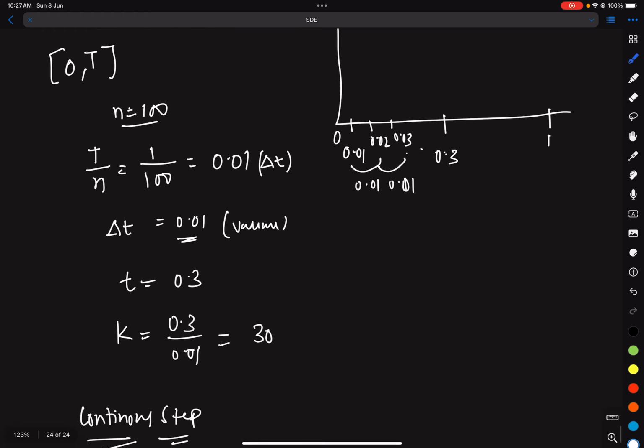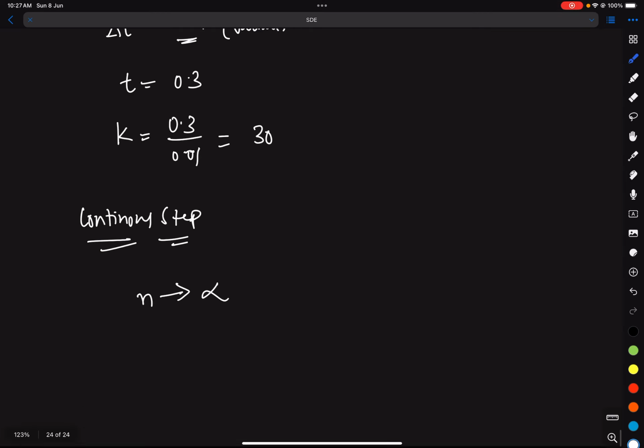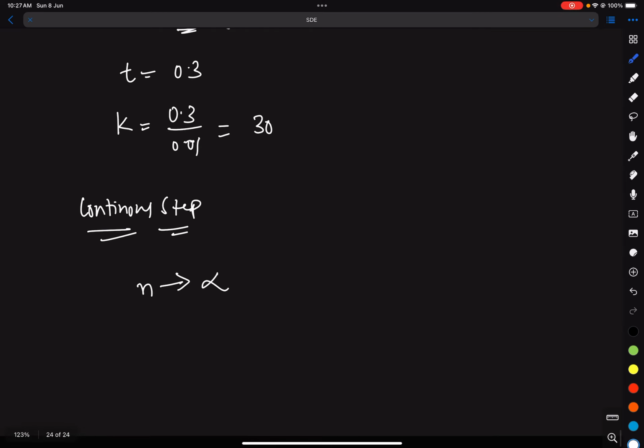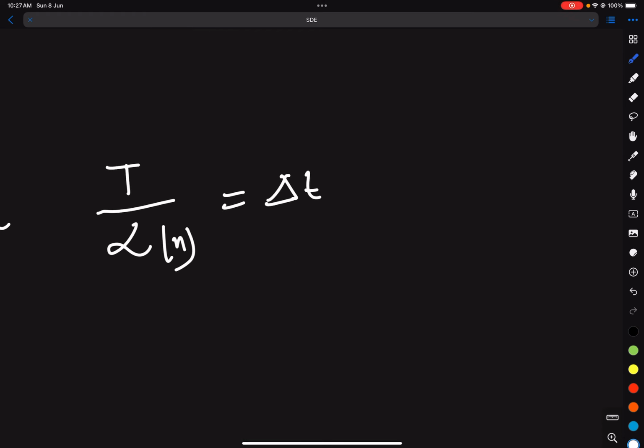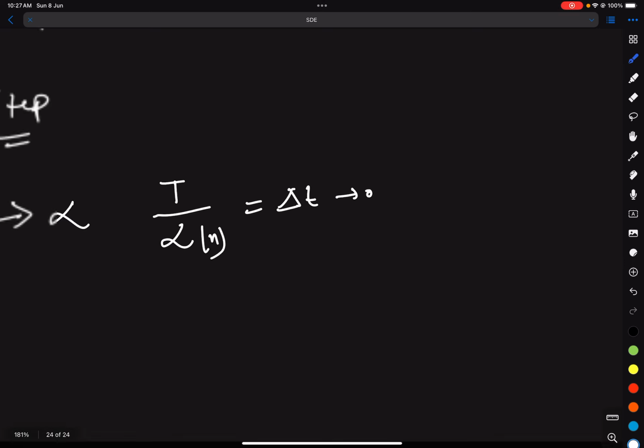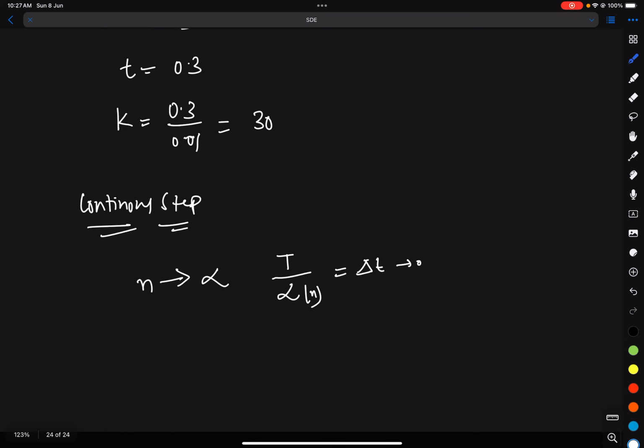In our discrete example we just took 100 steps, but in continuous it is infinity. So when my time interval is divided by infinity, delta t becomes closer and closer to 0. After summation of all these random walks, it becomes a continuous path, and that sum becomes a Brownian motion.